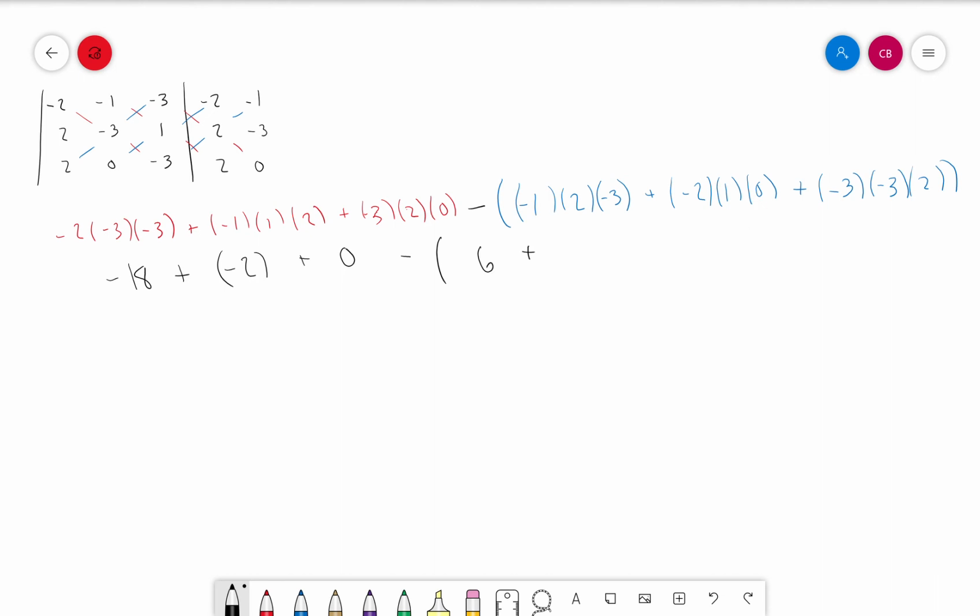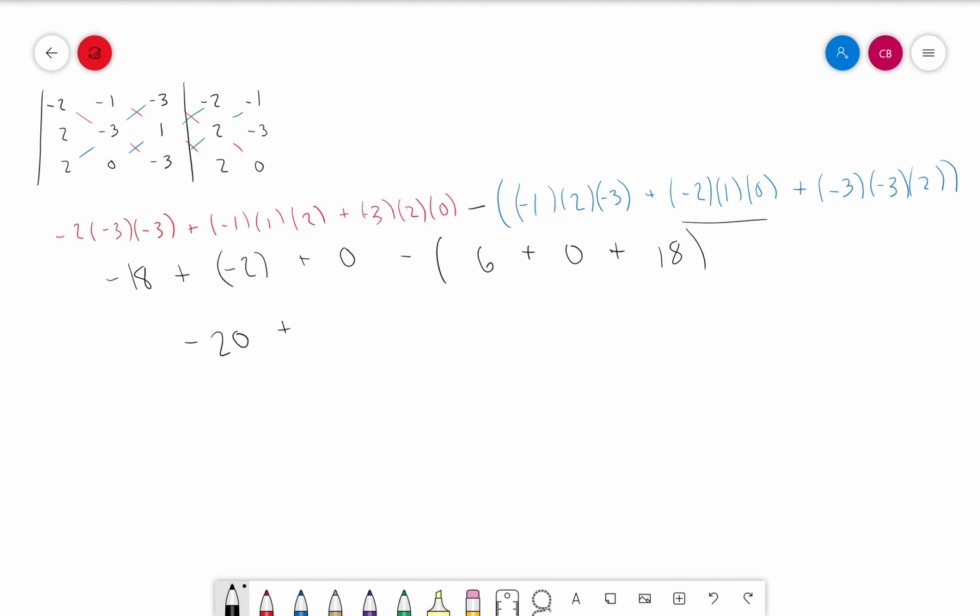Plus, this is going to be 0, plus negative, negative, positive, that's 9 times 2. That's 18. Okay. So we have negative 20 plus 0.